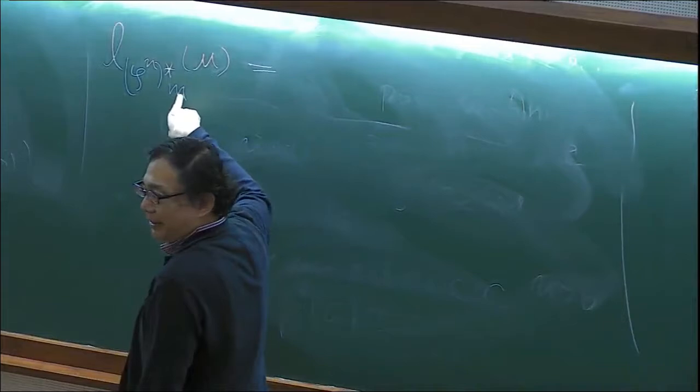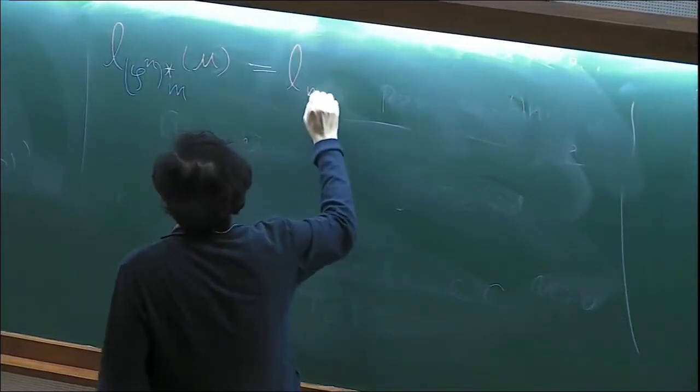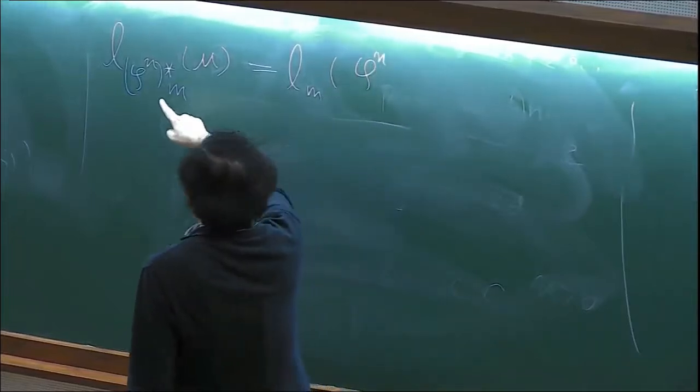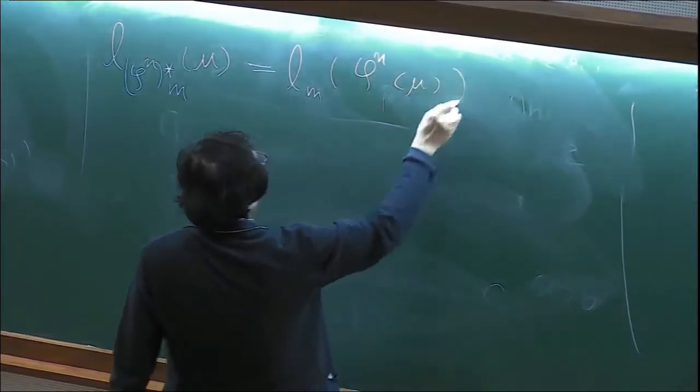Because this is a pullback, this is the same as the length of the n-times iteration of mu.